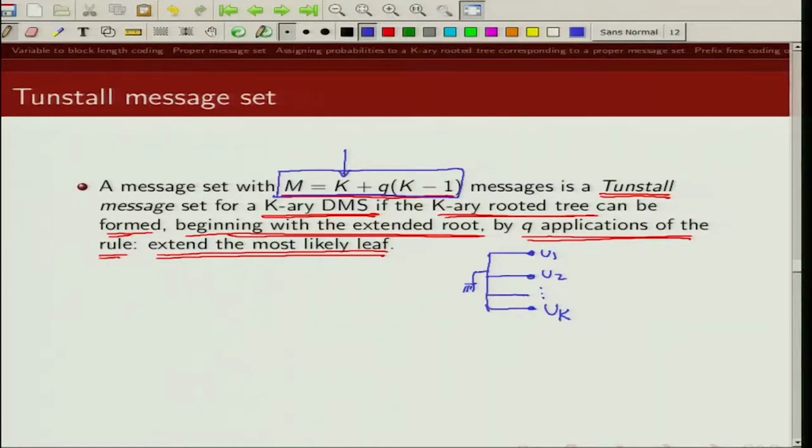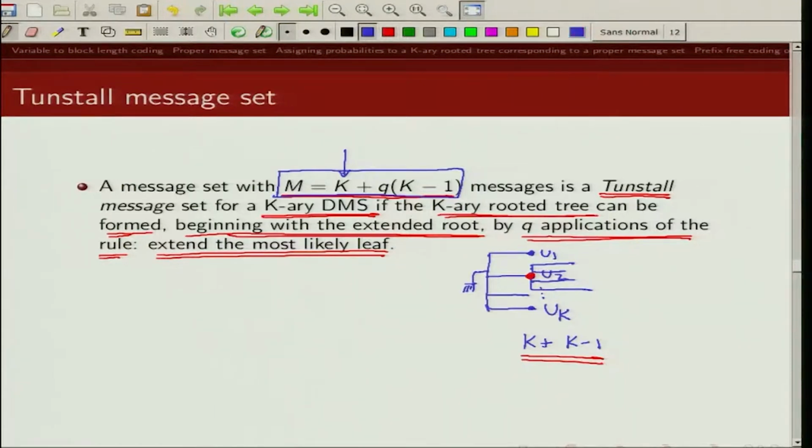Now when I extend any of these leaves, let's say the leaf corresponding to U2, I am creating K new leaves. However, this was earlier a leaf, and it has now become a node. So the number of leaves at this point is K plus K minus 1, because I am creating K new leaves, but this particular leaf has now become a node.